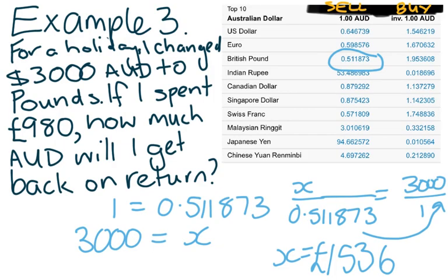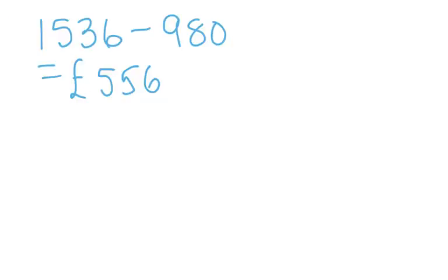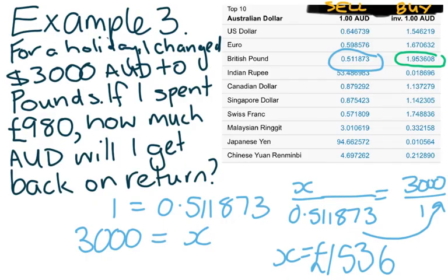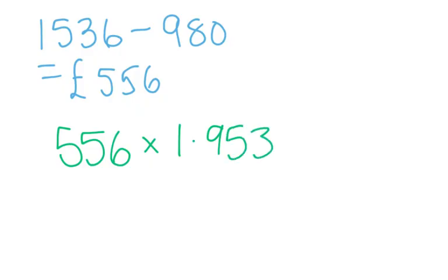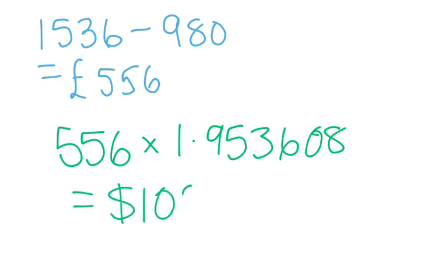So now we have to look at our buy rate, because that's the rate they're going to use to buy it back. So all we have to do is 556 multiplied by 1.953608, and that gives us 1,086 Australian dollars to the nearest dollar.